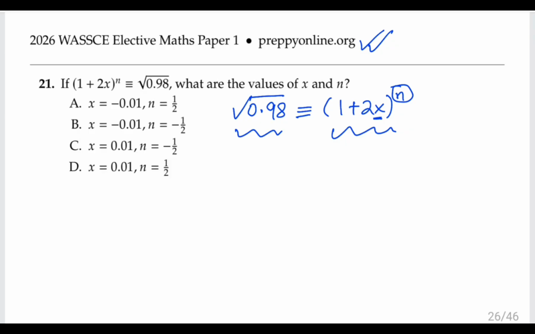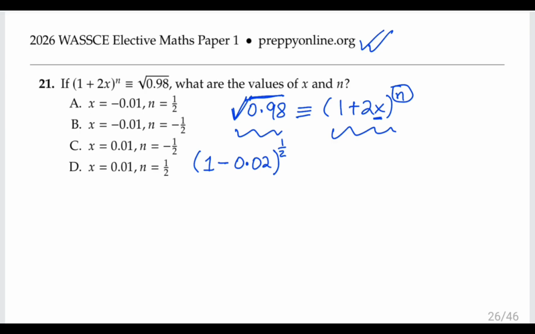So the first step we take is that 0.98 is equal to 1 minus 0.02. Then taking the square root of something is the same as raising it to the power half, or 1 over 2.